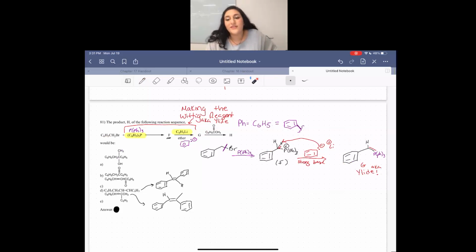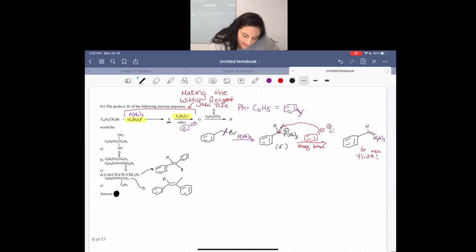And so now G is going to act as a reagent, and we're going to take this guy right here, and I'm going to redraw him down here. He looks like so, the lovely ketone. And we're going to react it with the ylid that we just made.